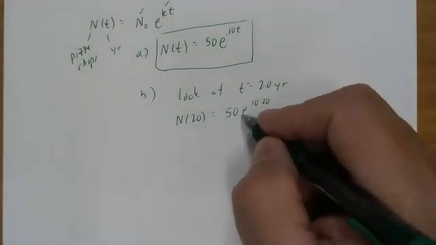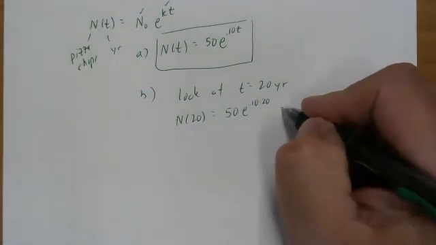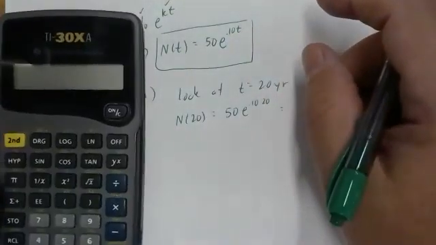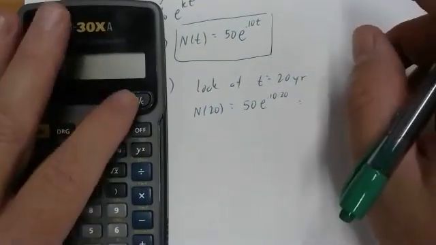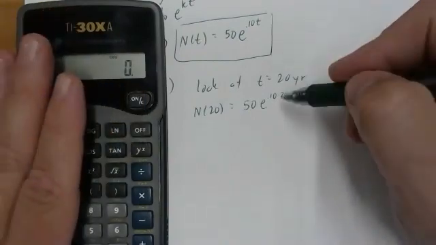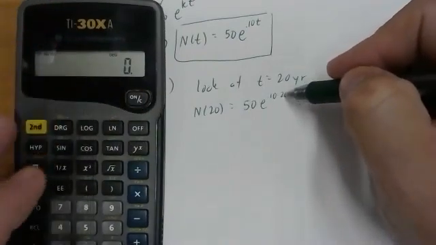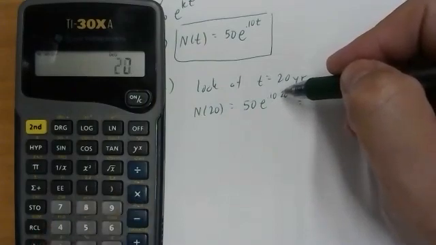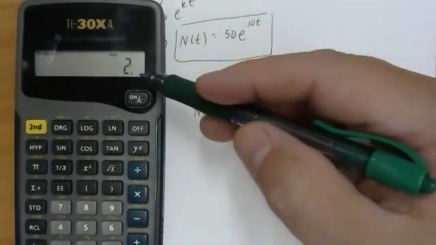So if I grab my calculator and do this calculation, this will tell me the number of pizza shops there are during year 20. So once again, hopefully it's not too hard for you to do this kind of calculation. 0.1 times 20 should be 2. I'll just do it here to show you.